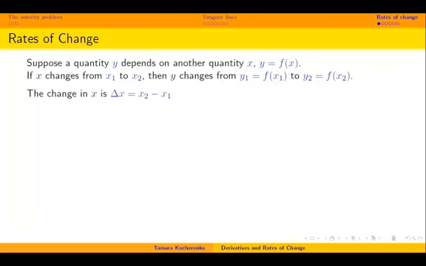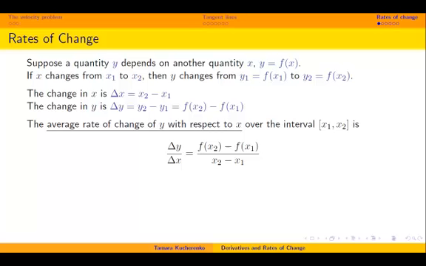The change in x, denoted by delta x, is the difference between the x values, x2 minus x1. The corresponding change in y, denoted by delta y, is the difference between the y values, y2 minus y1, which equals f of x2 minus f of x1.